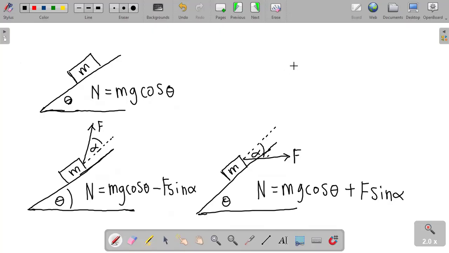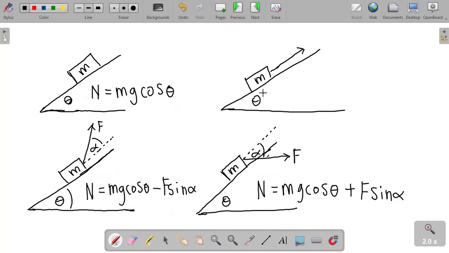And remember previously what we said, you can have another situation here whereby there's an object of mass m, and the force is acting parallel to the surface like that.